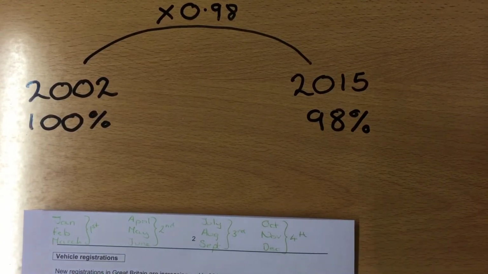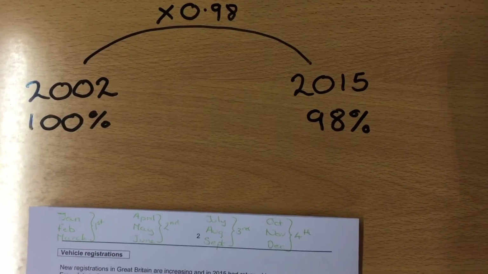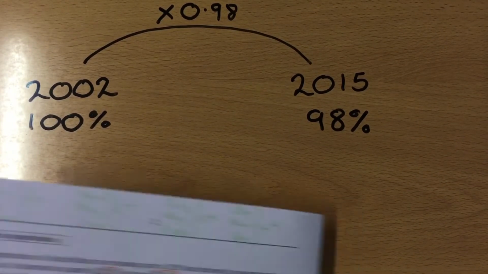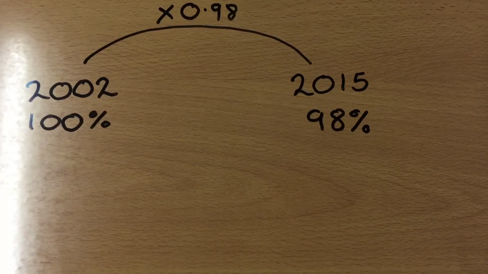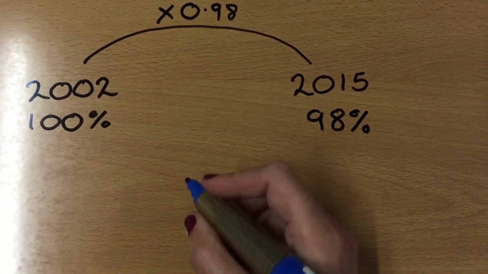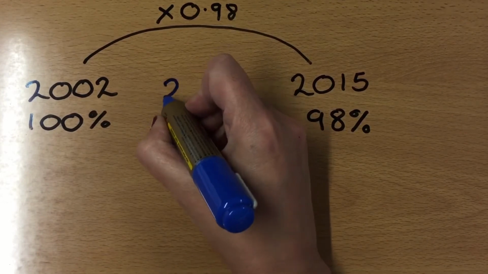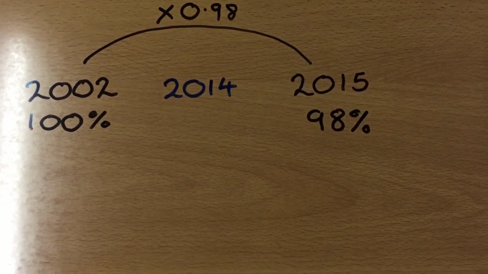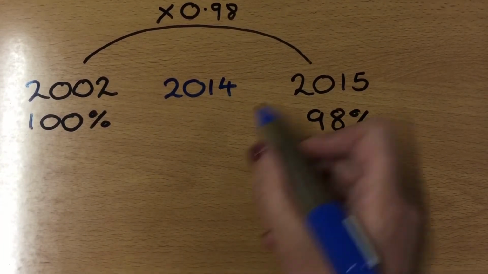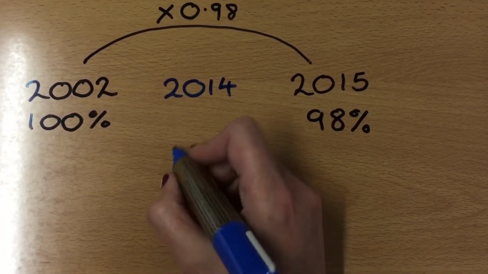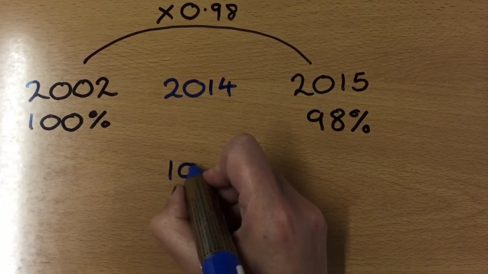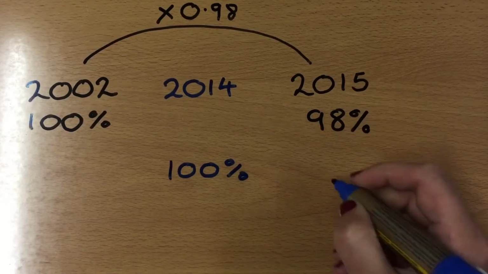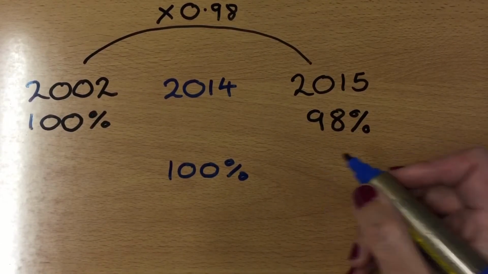But we aren't asked for how you get from 2002 to 2015. We are asked for how you get from 2002 to 2014. So, if we were doing 2014 to 2015, this one would be at 100% because that's the older one. And this one, we have an increase.